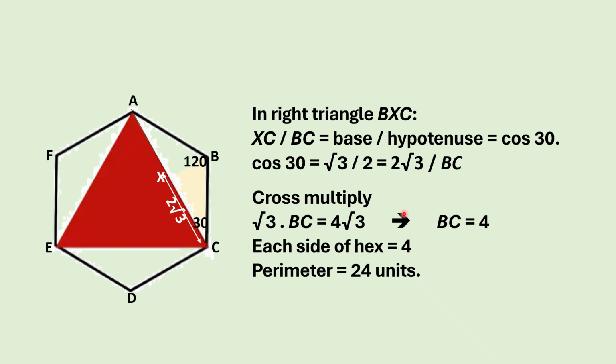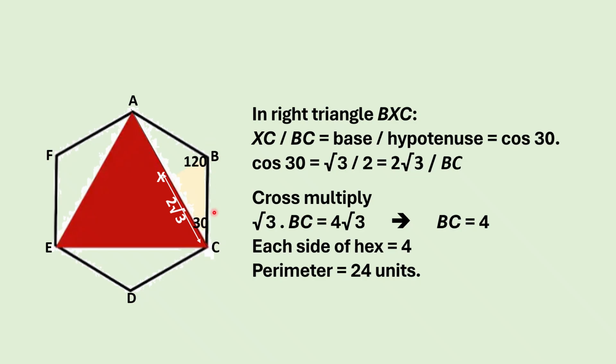Cross multiplying and simplifying, we get BC equal to 4. So each side of the hexagon is 4.